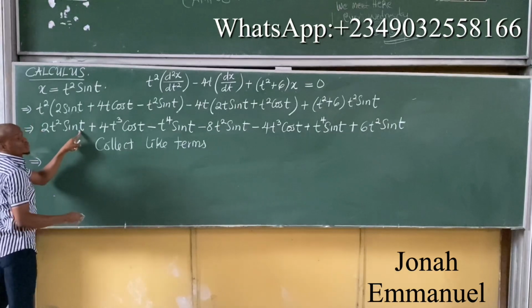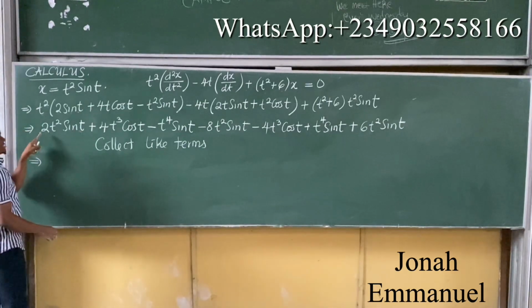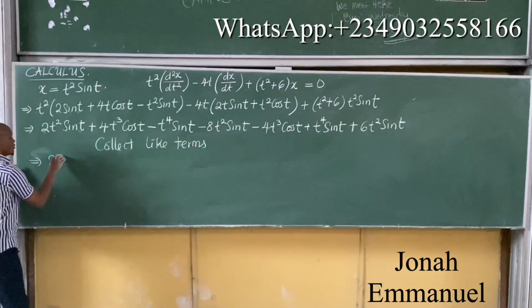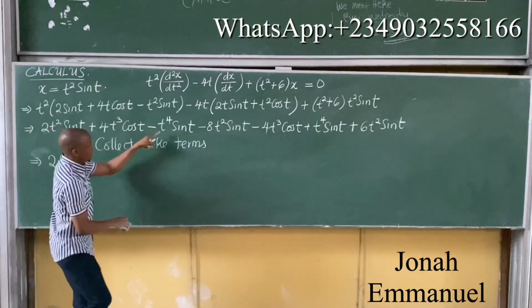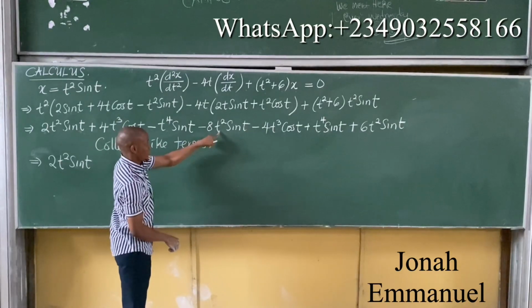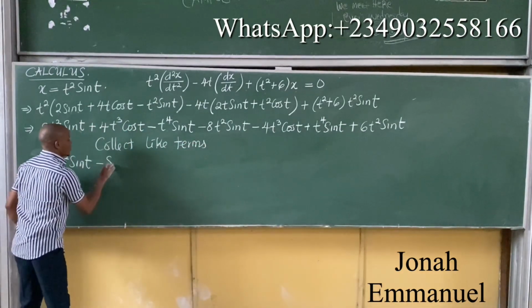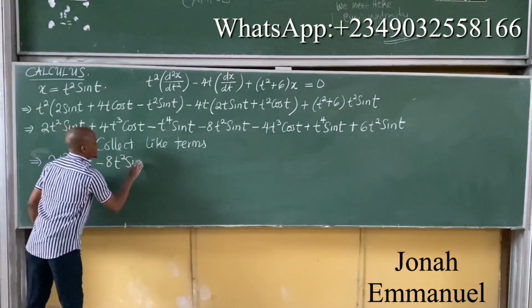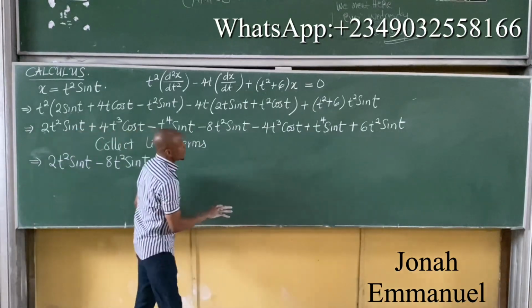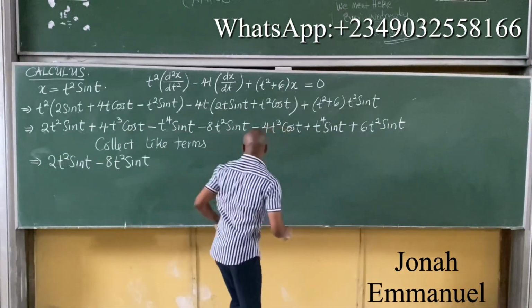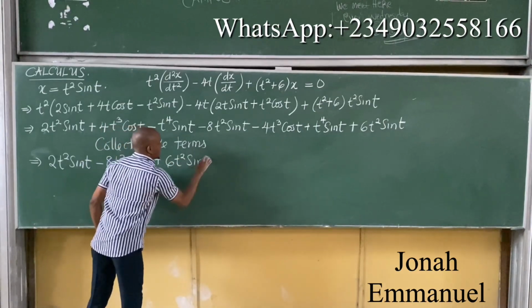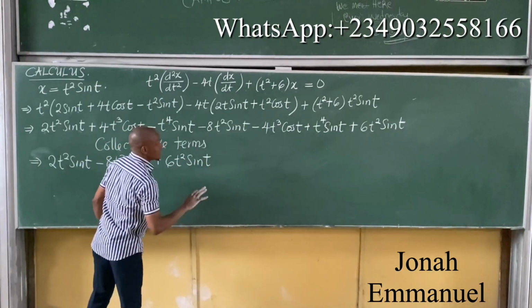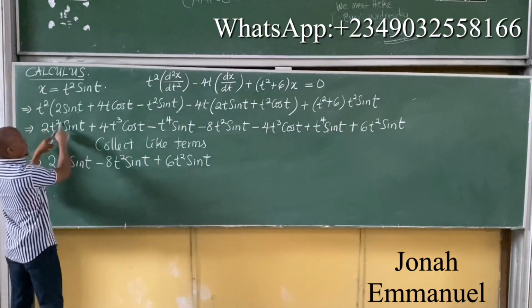Whenever I see t² sin t, bring it here. Starting with this, it gives 2t² sin t, then minus 8t² sin t, then plus 6t² sin t. So I'm done with t² sin t.